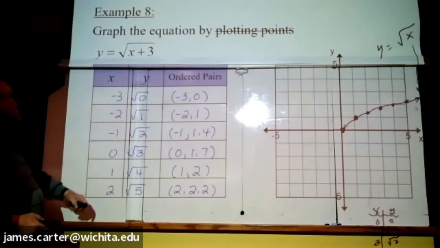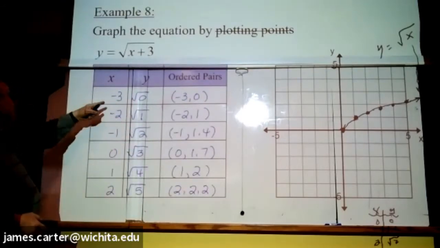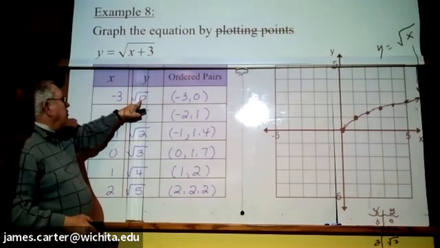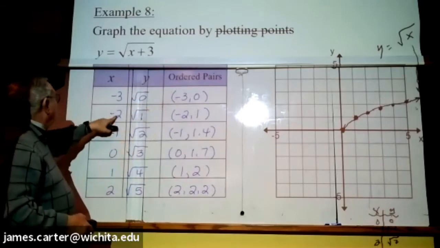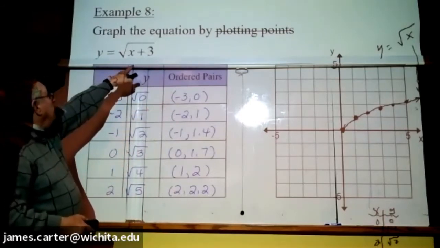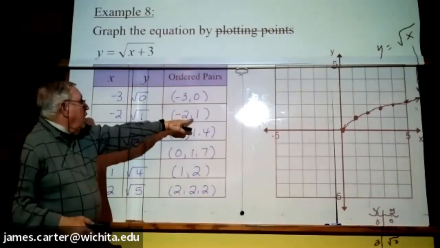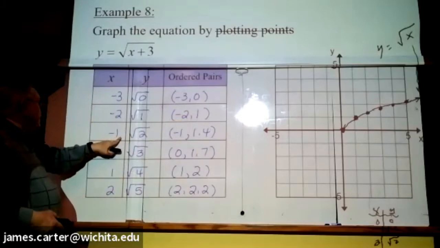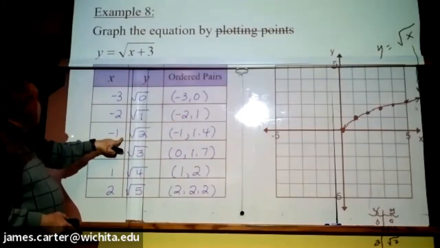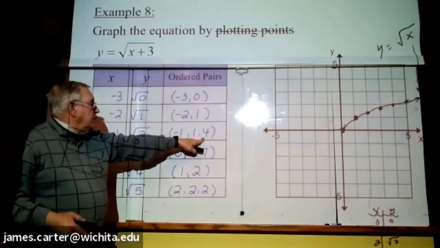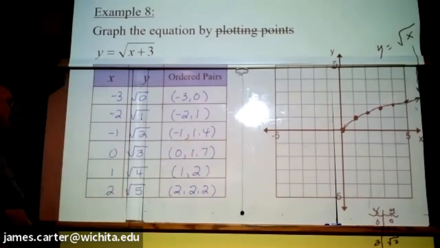Well, here is just calculating the points. If you let x equal -3, you get a 0 in here. Square root of 0 is 0. If you let x equal -2, then you would get a square root of 1, which is 1. If you put a -1 in there, you get the square root of 2, which if you look up on your calculator is 1.414, and it's a number that just keeps on going like the value of pi.